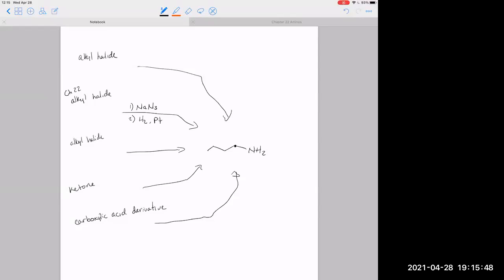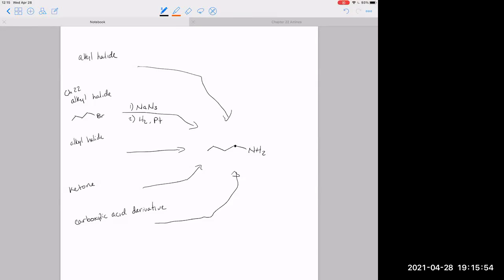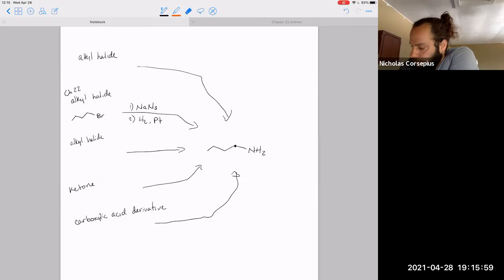We can do chlorobutane, or bromobutane, chlorobutane works too. But yeah, it has to be primary. That is going to be one of the caveats of this. Well, actually, it's your alkyl halide that has to be primary. It's the only way that this is going to work.